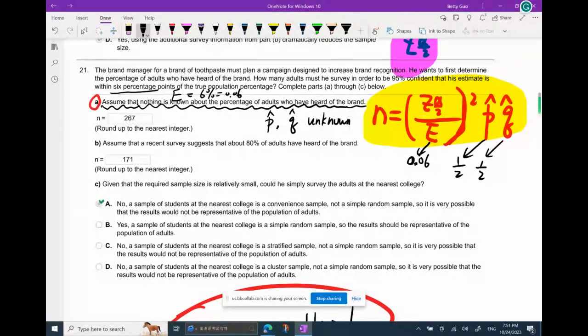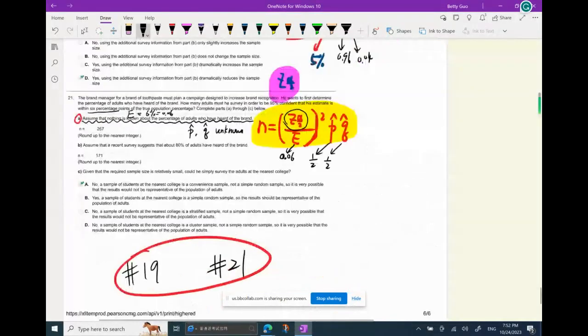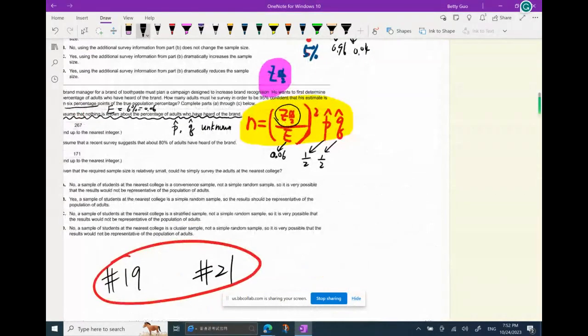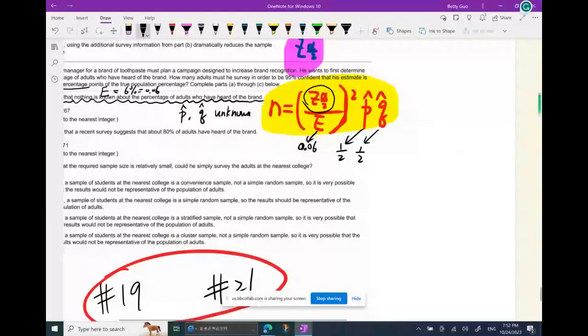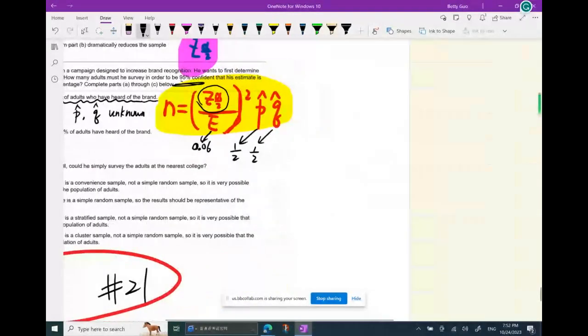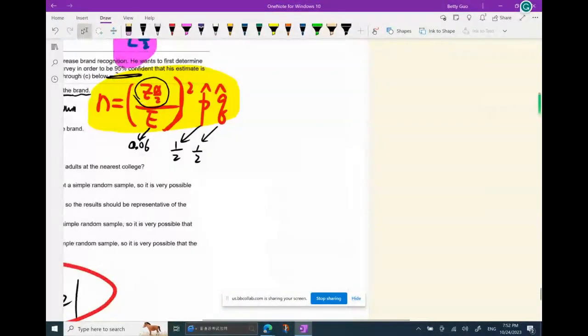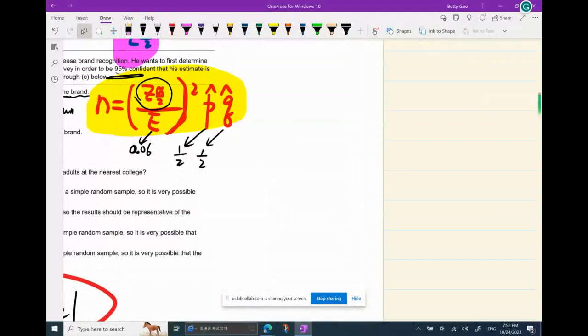Okay, are you ready to find the z sub alpha over 2? The critical value here depends on alpha. I think we have done this at least twice, getting the critical value. Here we're going to do it again. As long as we know the confidence level, which is predetermined as well. Confidence level determines how reliable you want it to be, and margin of error determines how accurate you want your estimate to be.